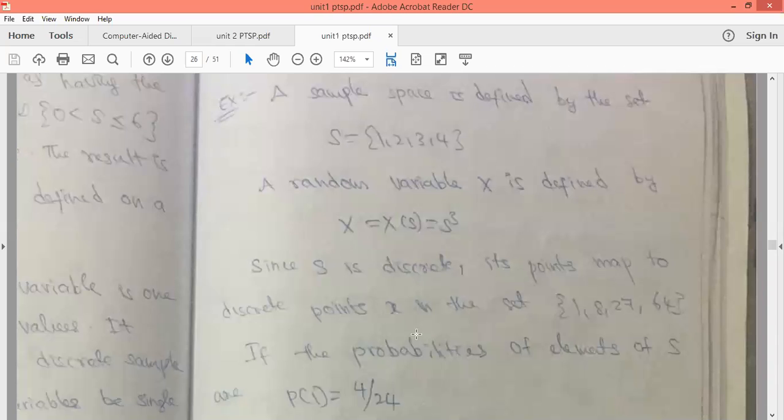For example, take this sample space. What type of sample space is it? It is a discrete sample space. Now the random variable X of s is defined as s cube.